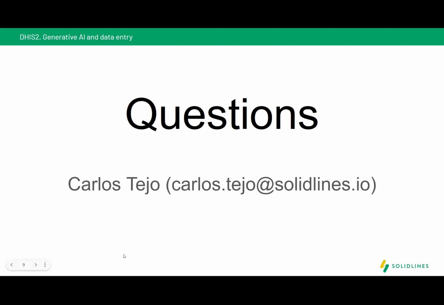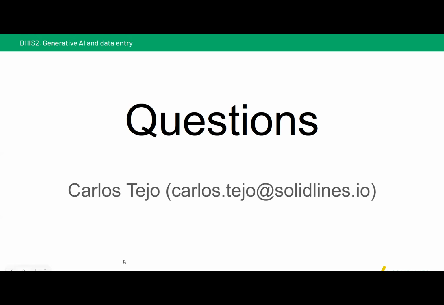Okay. Thank you, Kai. Yes, thank you, Carlos, for the wonderful presentation. I was just curious about how the whole setup knows which field to map to whatever command you tell it. Is it looking at the field labels, or is it looking at any extra information about the field?